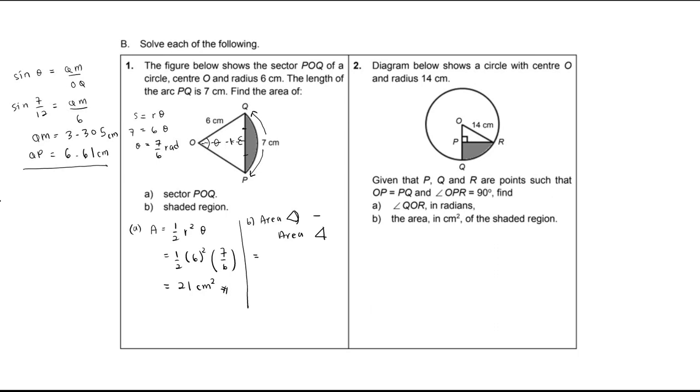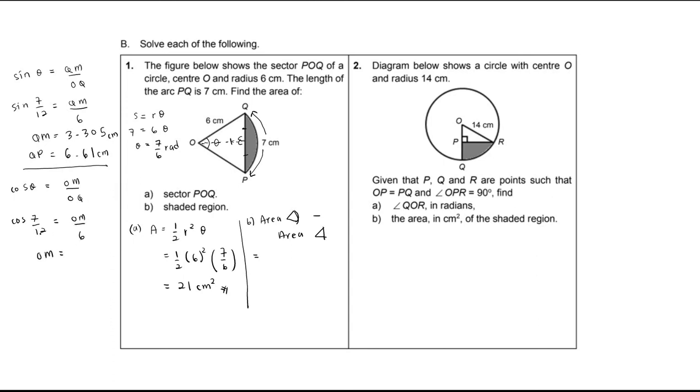And then we want to find the length of OM. For OM we can use cos theta. Cos theta equals OM over OQ. And the theta is again half of 7 over 6, so cos 7 over 12. OM is what we want to find and OQ is 6 cm.